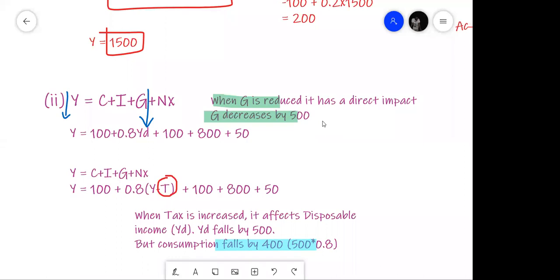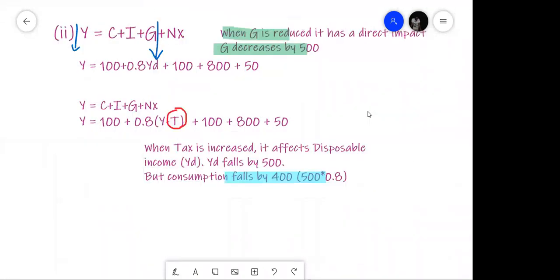So when it affects your disposable income, only a portion of it will affect your consumption, not the entire thing. So if disposable income falls by 500, it does not mean your consumption falls by 500. Your consumption will only fall by 500 times whatever you are spending, 0.8 in my example. So your consumption will fall by 400. So that is why this is more expansion. So you get kind of like 2 marks for that.